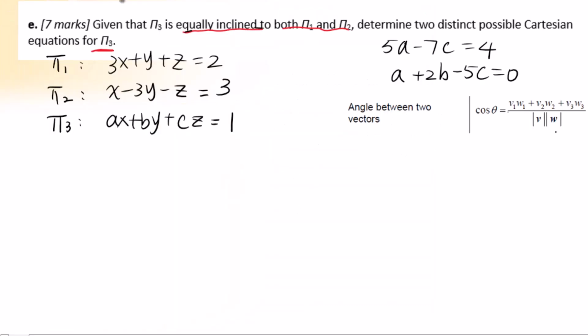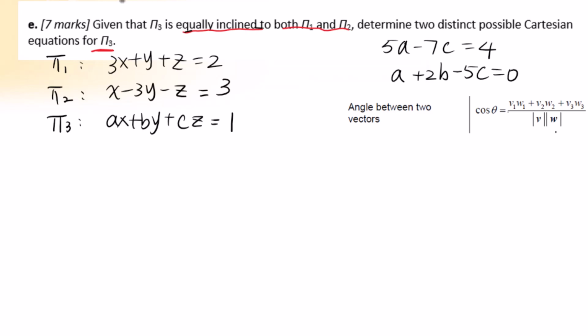For E, given that π3 is equally inclined to both π1 and π2, determine two distinct possible Cartesian equations for π3. We do know the angle between two planes equals the angle between the two normal vectors of the two planes.